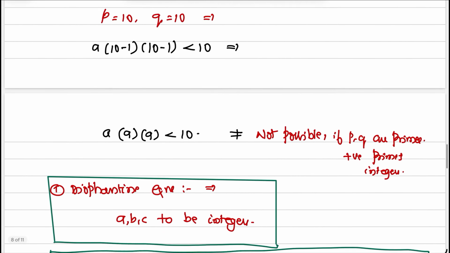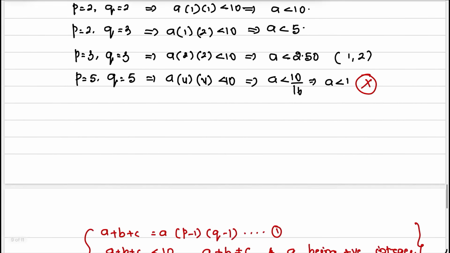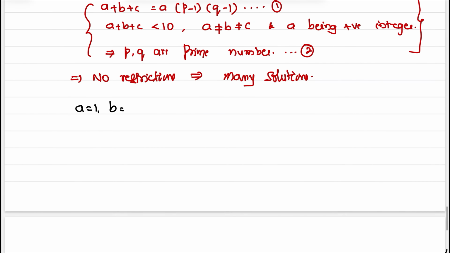If a is equal to 1, b is equal to minus 4 and c is equal to plus 4, that equation becomes x square minus 4x plus 4 is equal to 0. That implies the roots are x is equal to 2 and 2.